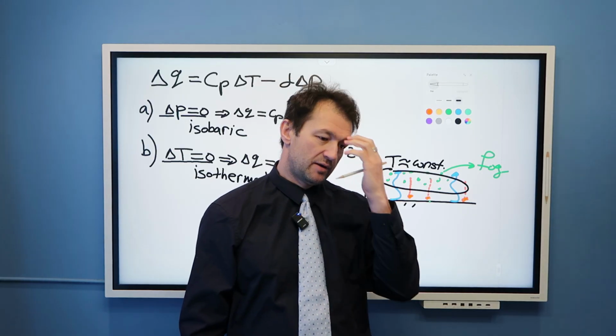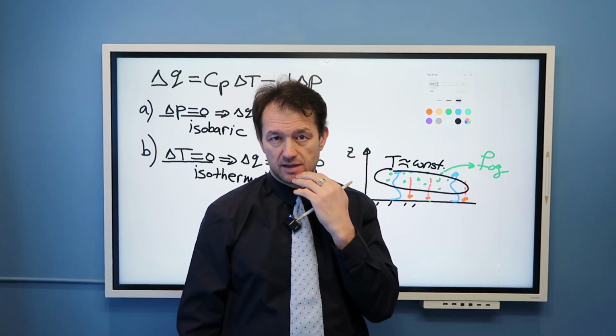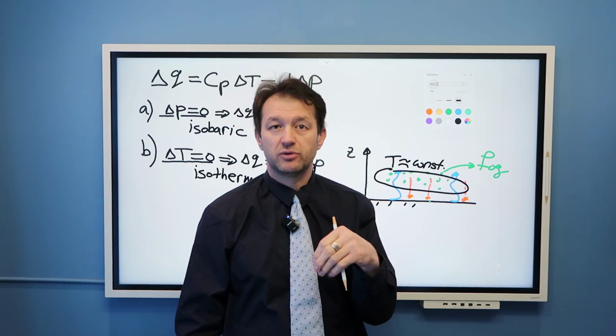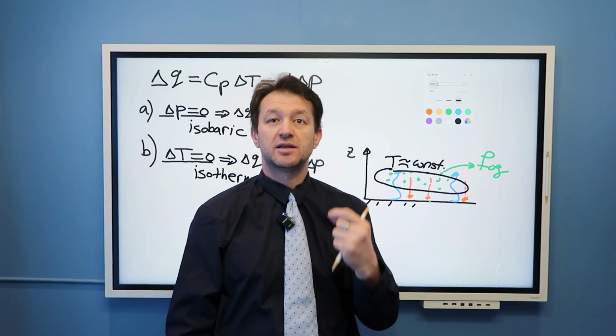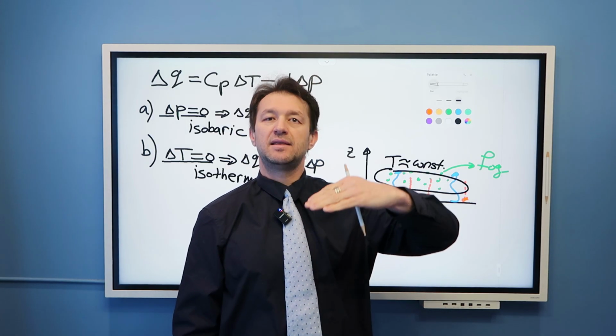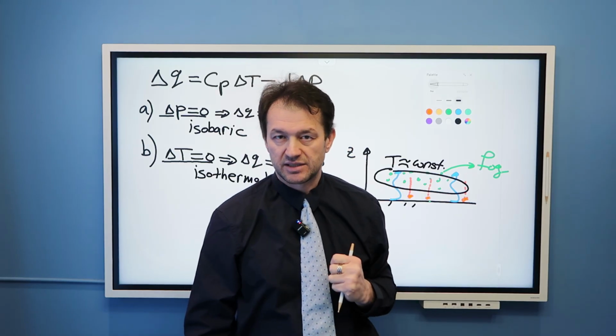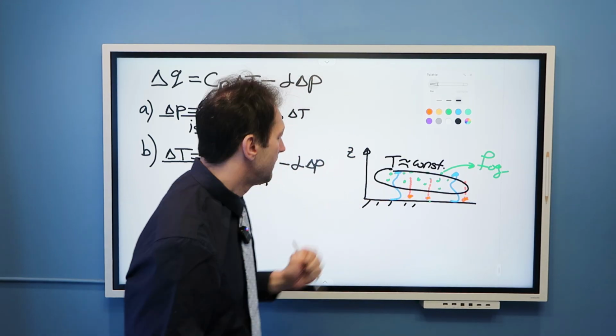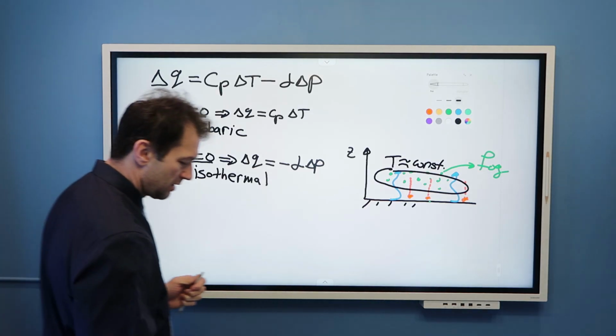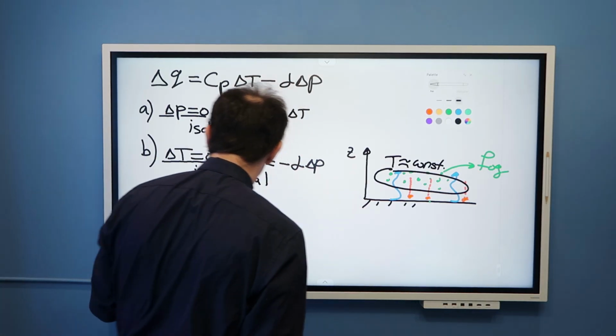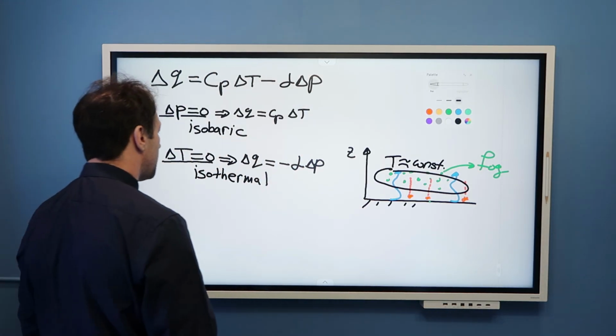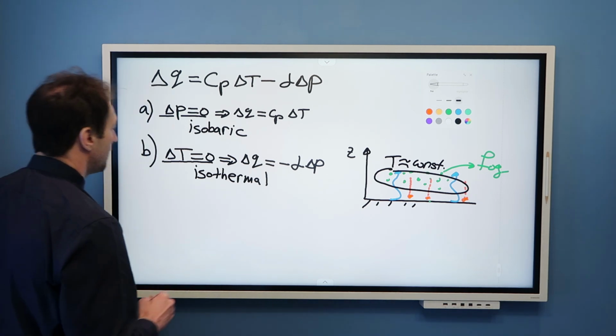Or if we have melting of ice, the temperature of the ice and the surrounding water will always be 0 degrees until all ice has melted, and then the temperature of liquid water starts increasing. So phase changes are isothermal processes. Okay, that's enough, because it's very difficult to find isothermal processes in the atmosphere.